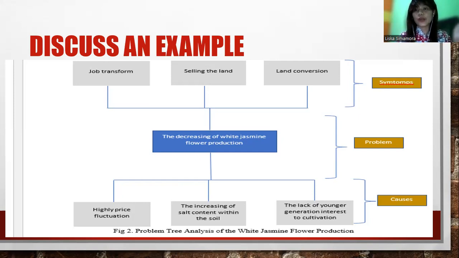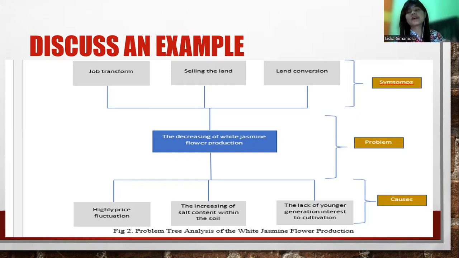So when we are asked to display our problem in a problem tree, we have to describe the root. What is the root? The root is something that causes the problem. And the second part, after we identify the root or the cause, is the problem that we see with our eyes, or something irregular that we feel.